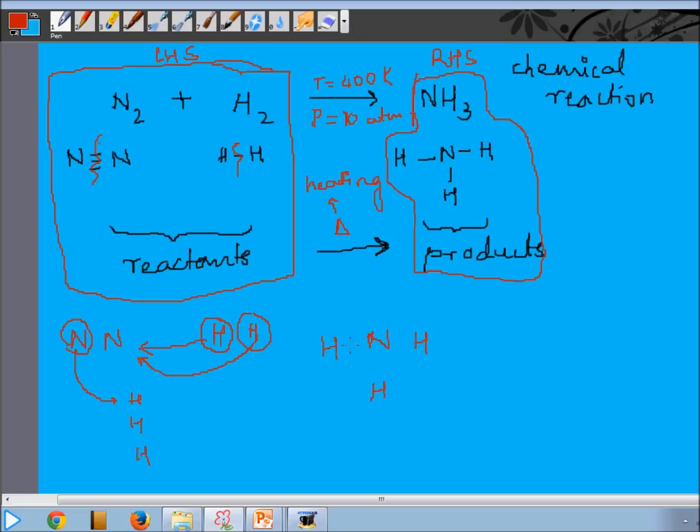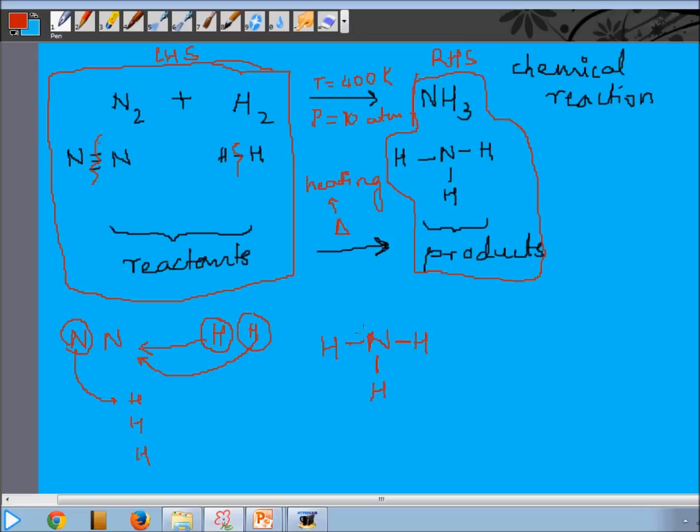Now this rearrangement has taken place, so I can start with formation of bonds. The N and H bond, here also an N and H bond, and an N H bond. So now after rearrangement, one nitrogen atom has attached itself to 3 different atoms of hydrogen by single bonds.